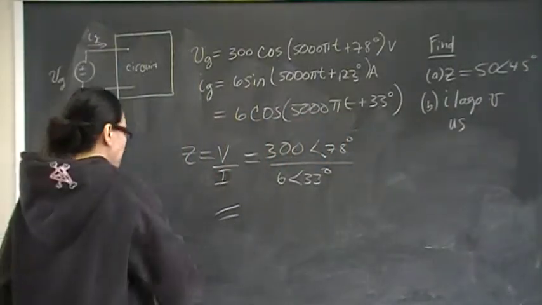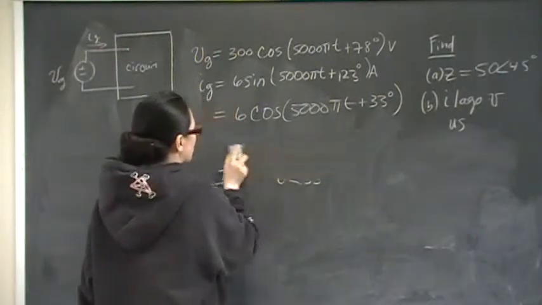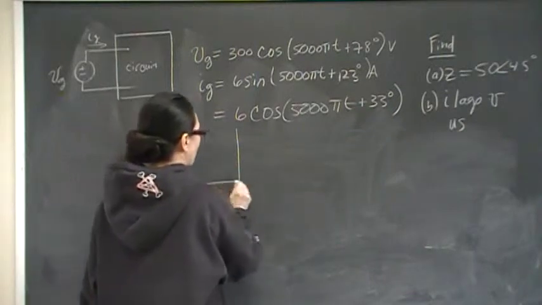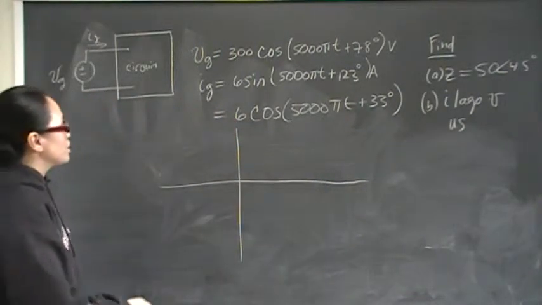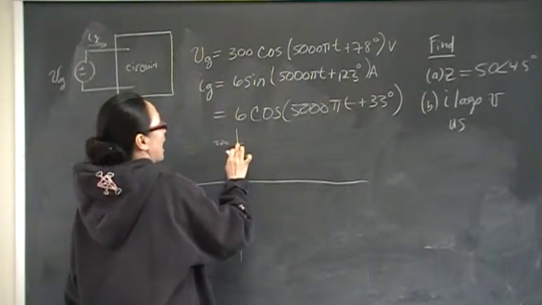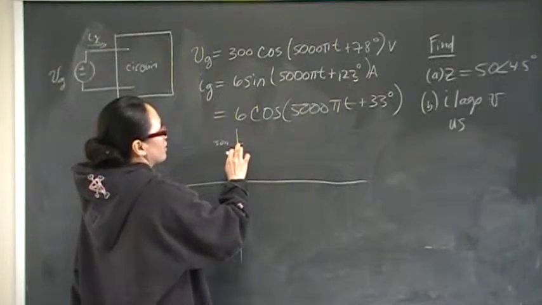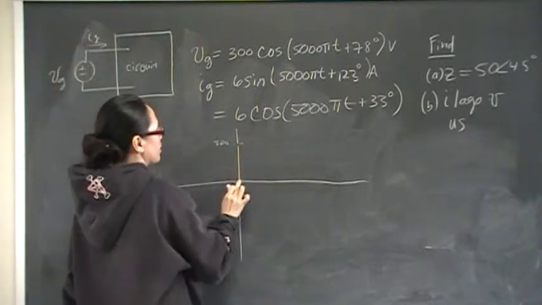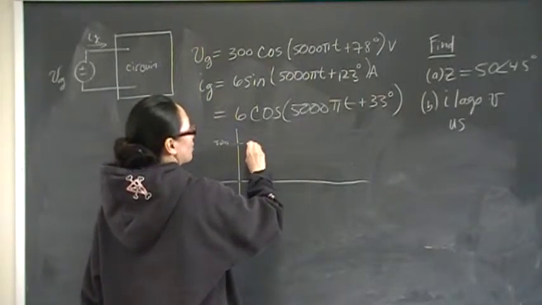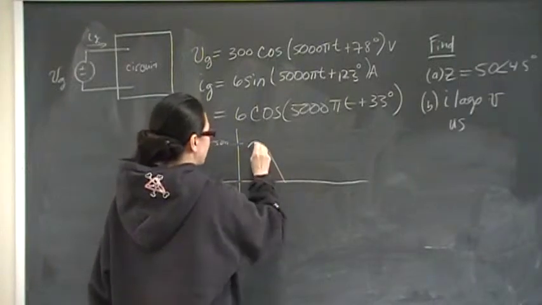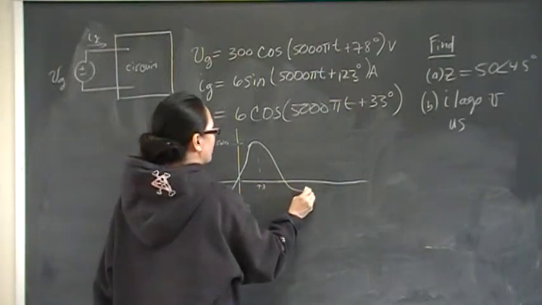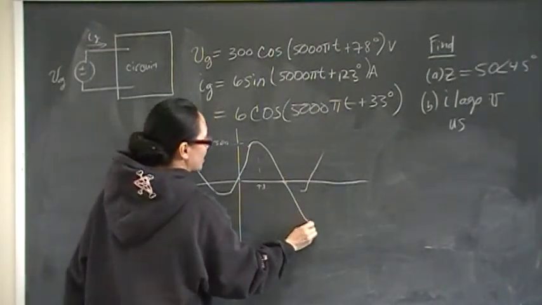Okay, so for part B, how do we find how much they're out of sync by? Let's graph this. Well, we're not going to exactly graph this, but up here we have 300. If cosine had 0 phase, the maximum would start at 0, but it's shifted by 78 degrees, so the maximum comes out somewhere at 78 degrees, and goes all the way down to minus 300.